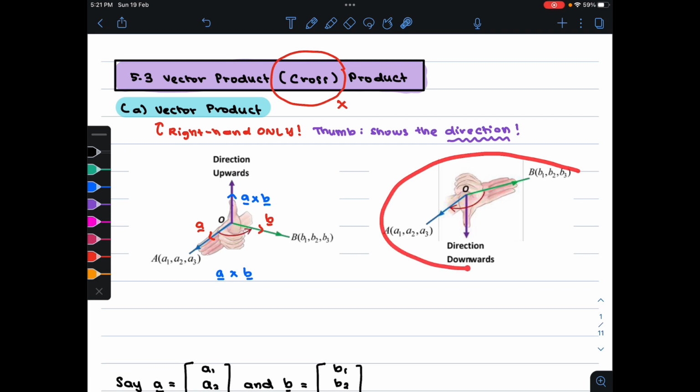For the second picture right here, this is the origin, so you're gonna put your thumb at this position. And this one right here is vector OA.